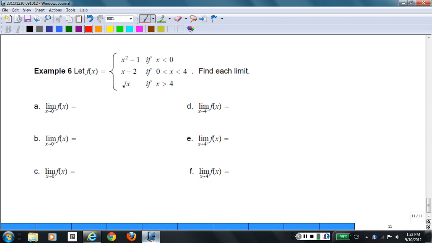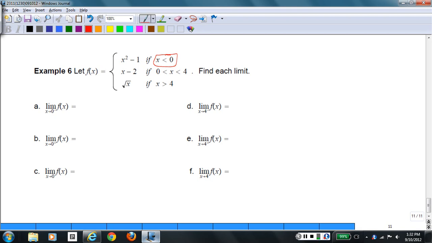Suppose x is a little bit less than 0. To find f of -1, for example, which rule would I use? The top one.